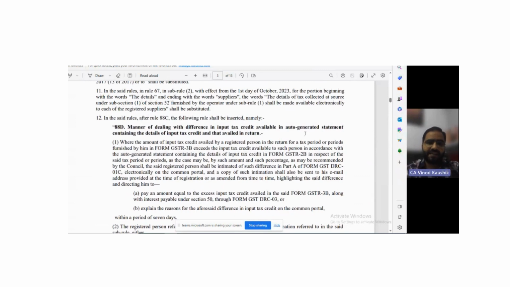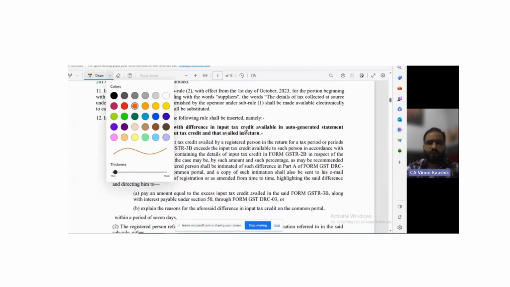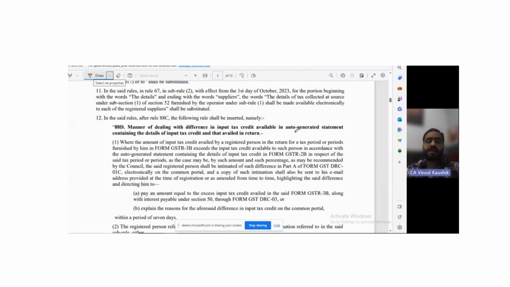So friends, we are going to decode this particular rule word by word, just to understand what its implications will be. The first point to understand is that Rule 88D is inserted by this notification 38/2023, and there is no specific date mentioned in the notification from which this rule will be enforced.